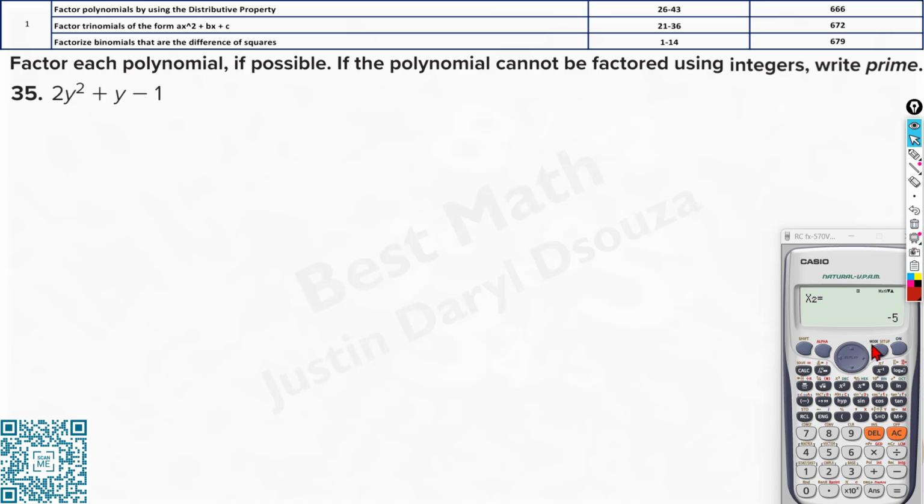And here again, now see, this is also same. It's just that instead of x, it's y. So do the same thing, mode 5 and 3. Consider this y to be x itself. That's absolutely fine. It'll be 2, then we have plus 1, and lastly we have minus 1. So what are the answers? Half and minus 1. So x is equal to half, that was positive, x is equal to minus 1.